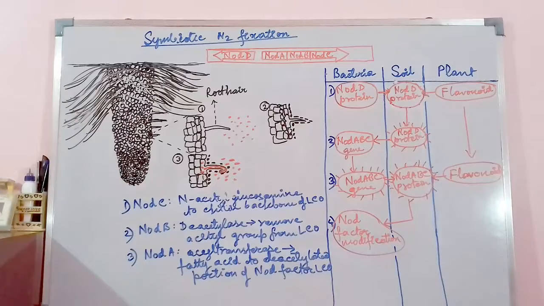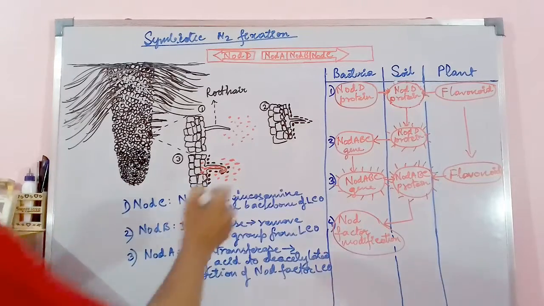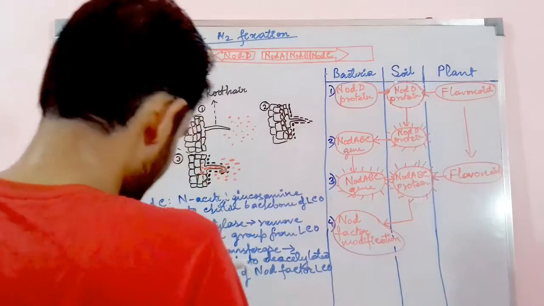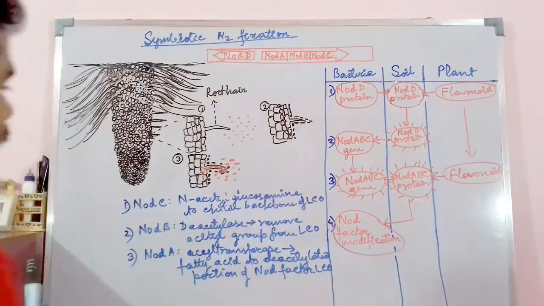Okay. Now once the rhizobium is entering this particular area, in the fourth step, what will happen?